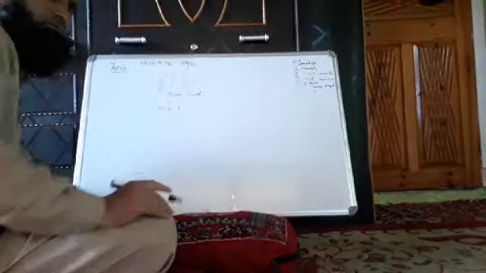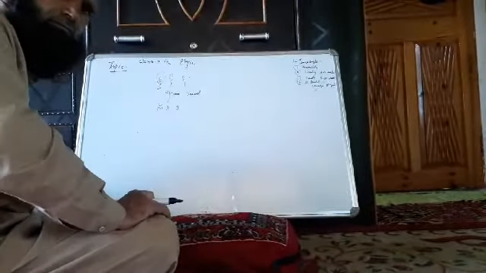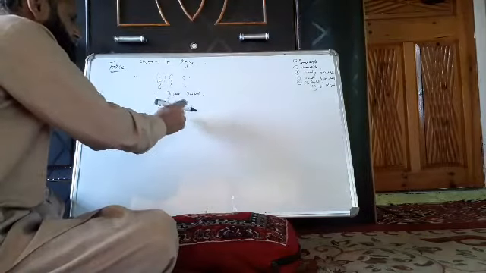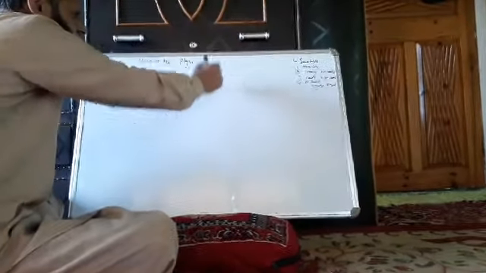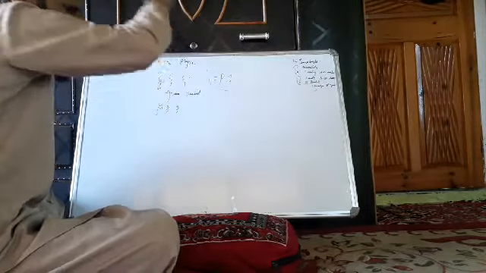Also, the MKS system. There are 4 systems of units. In the MKS system, it is meter for length, kilogram for mass, and second for time. Then the earlier one was the FPS system, before these two systems.